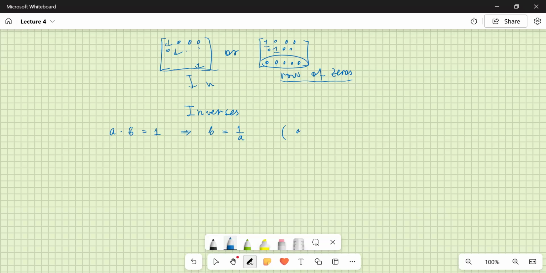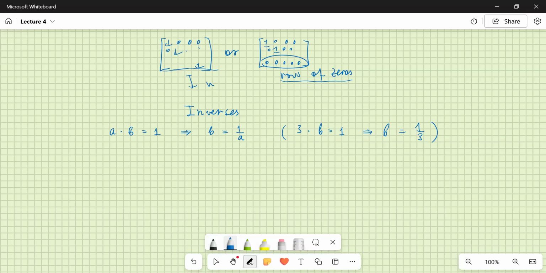For example, I'm going to use just numbers to show it more clearly. Take the number 3 multiplied by b equals 1. Then b is the inverse of 3 and it equals 1 over 3.